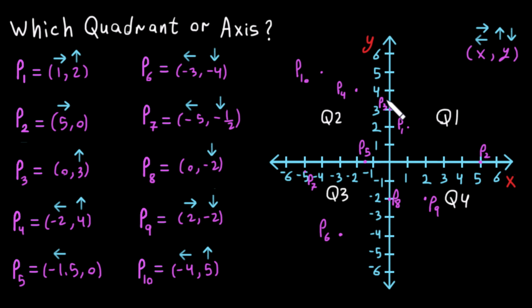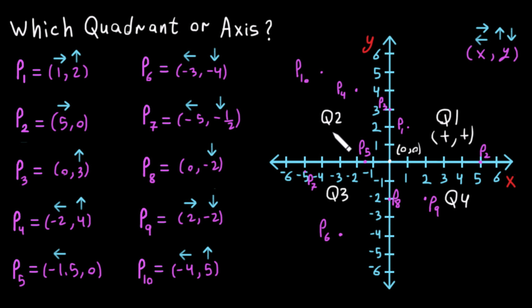The boundaries are the axes. So a point on the x-axis or y-axis is not in any quadrant. The origin is 0, 0. It's located on both axes, the x-axis and y-axis. The first quadrant is located on the positive x-axis and positive y-axis.